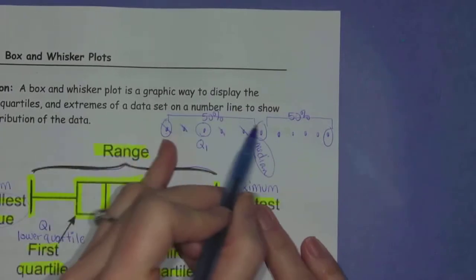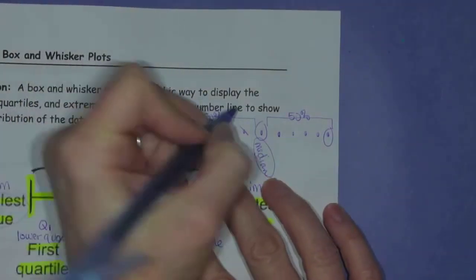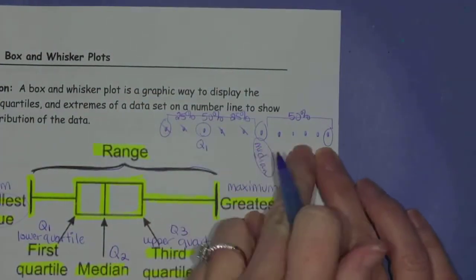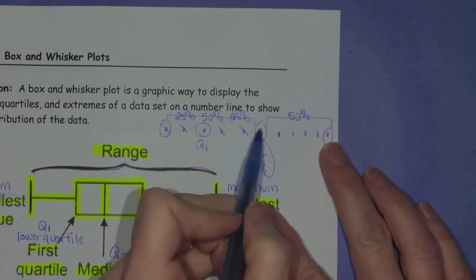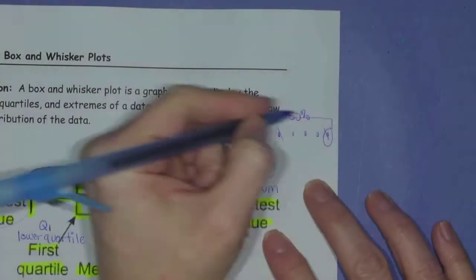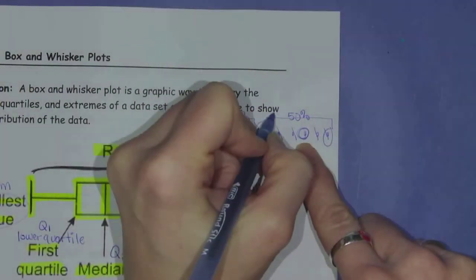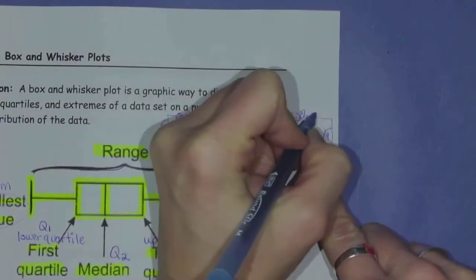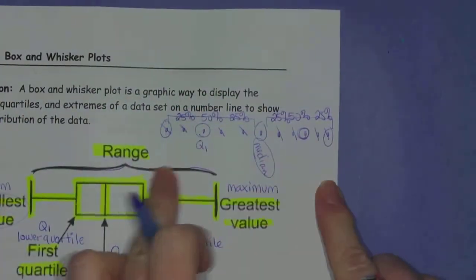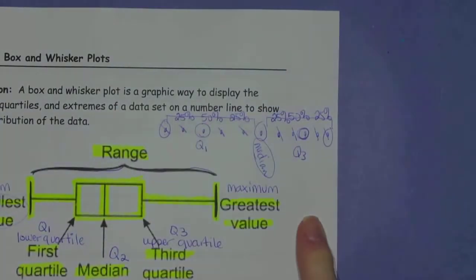If you take half of half, now you've got 25% and 25%. Same thing. If you quarter half, now what you're doing is finding the middle of the upper half of the data. So now you've got 25% here and 25% here. That's why these values are called quartiles. This would be your quartile 3.